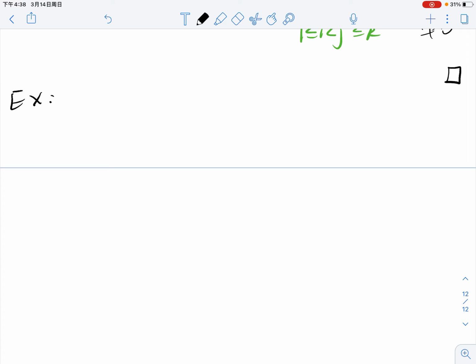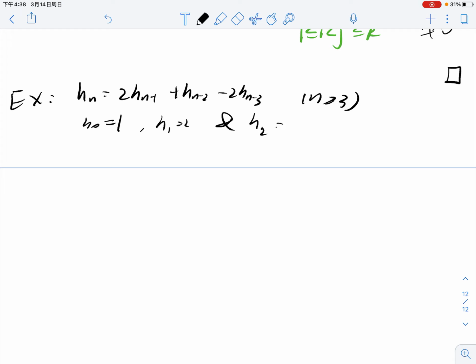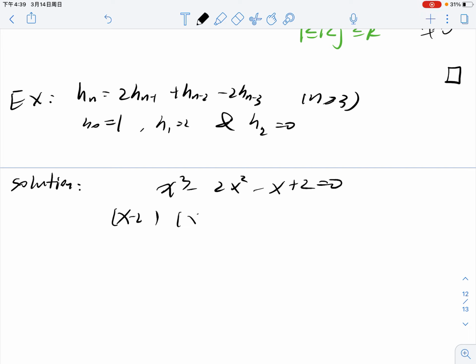Okay, now we apply the previous theorem to some actual examples. Suppose you have a recurrence relation of order 3 and with 3 initial data. And we first look at the characteristic polynomial and factor it.